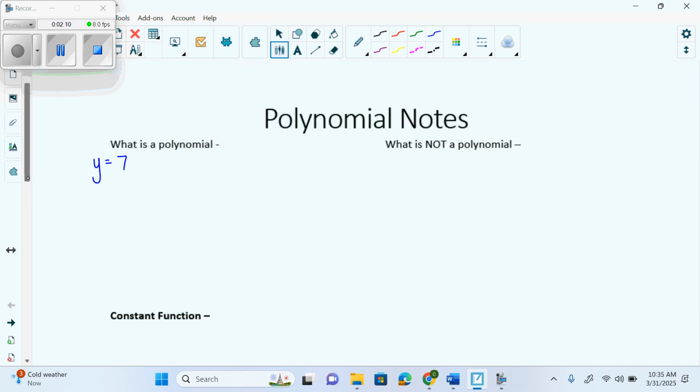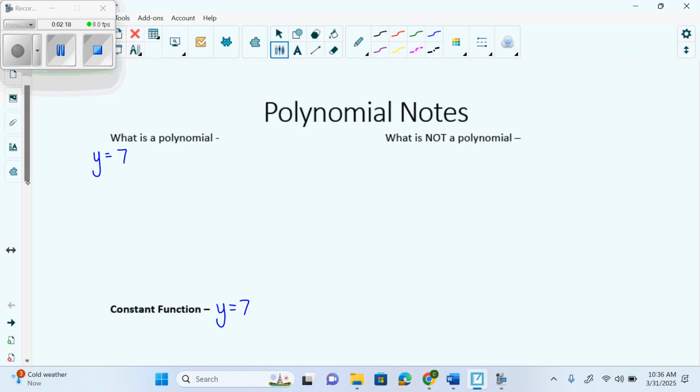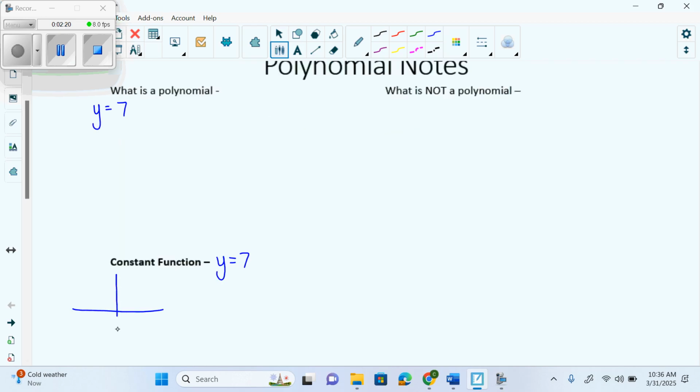It is specifically this, y equals 7. That would be a constant function. The entire function looks exactly the same. So y equals 7, for example, you would go to 1, 2, 3, 4, 5, 6, 7, and the entire graph is a horizontal line at 7. It's a constant function. That is the equation y equals 7.